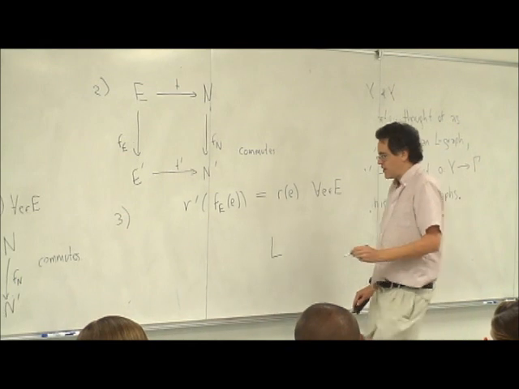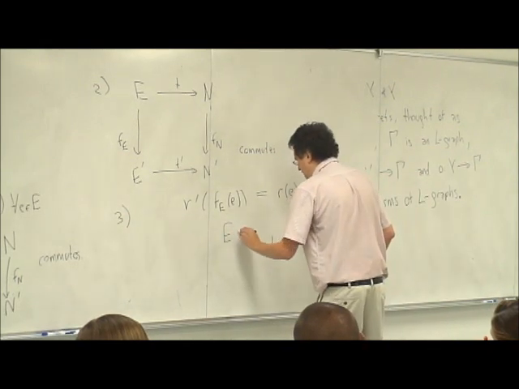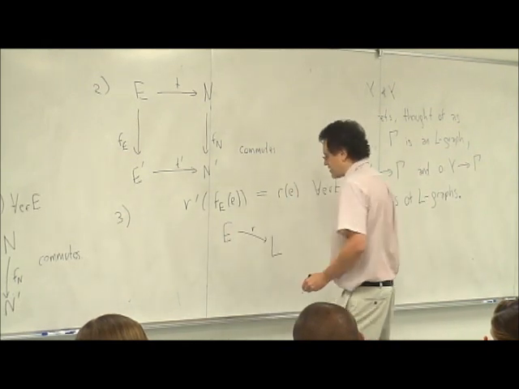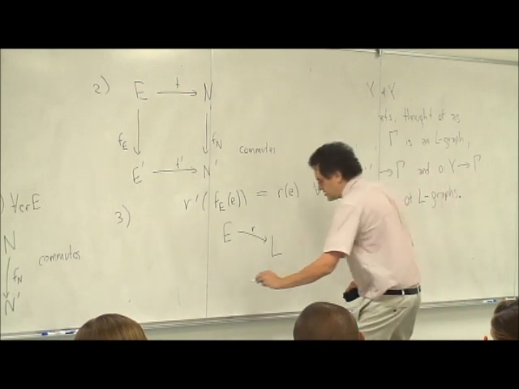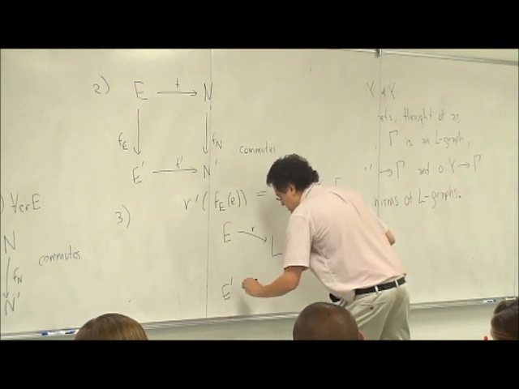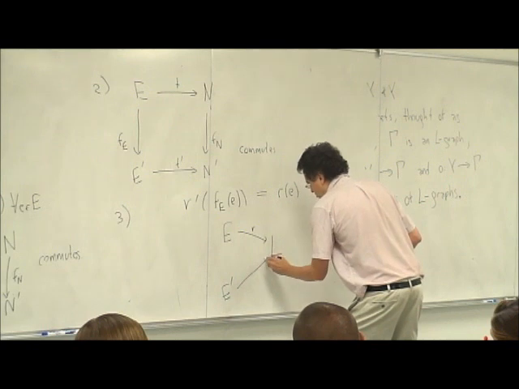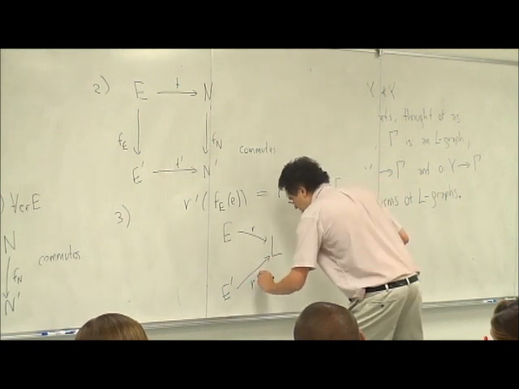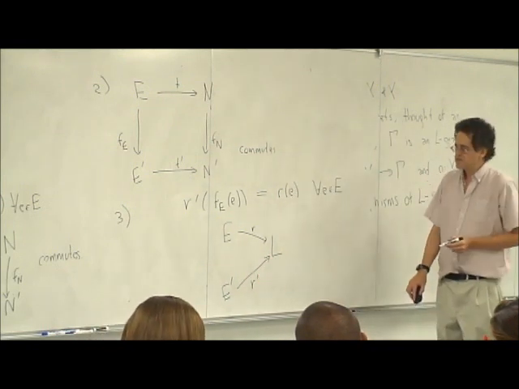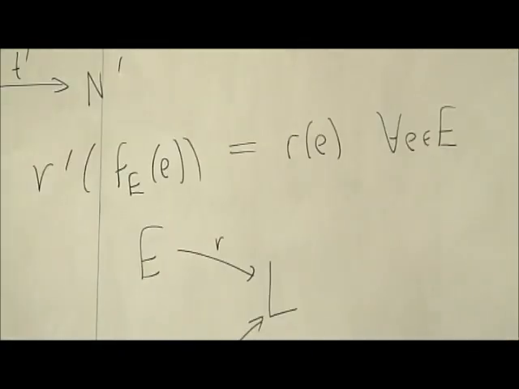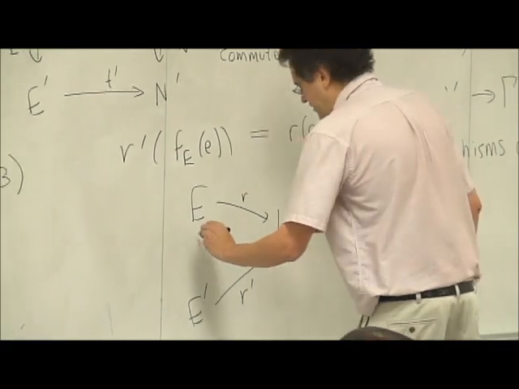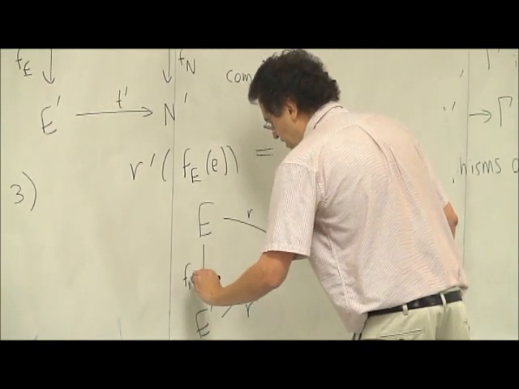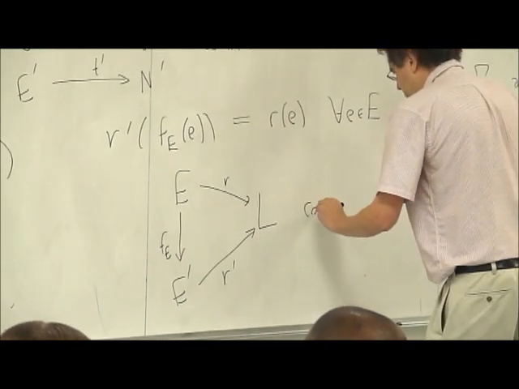So my old edges have labelings, and my new edges will have labelings, but not in L prime. There's no L prime. Labelings in the same L. Okay, so it's not coming out to be a square, or at least not evidently. So what we're getting is this thing here commutes.